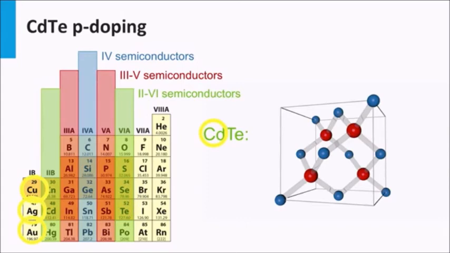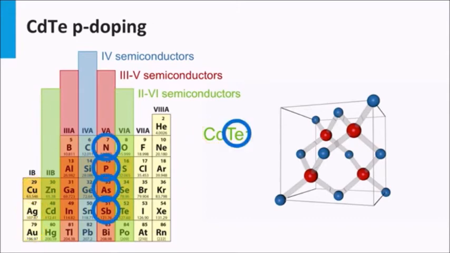P-doping of cadmium telluride can be achieved by replacing the 2-valence atom cadmium with a 1-valence electron atom like copper, silver or gold. These elements act as shallow acceptors. P-doping is achieved as well by replacing a 6-valence tellurium atom with a 5-valence electron element like nitrogen, phosphorus, arsenic.